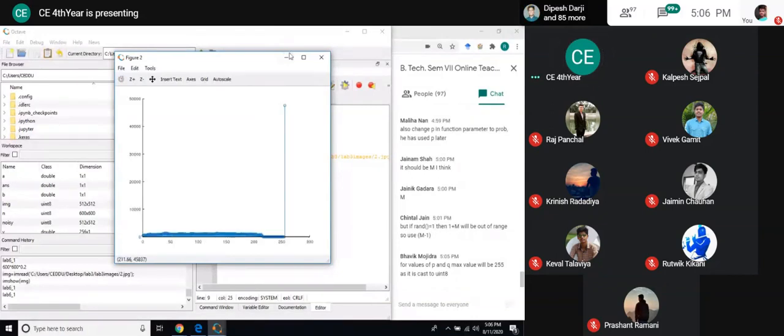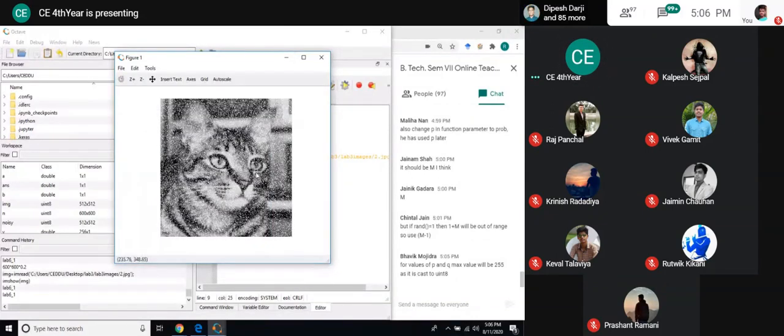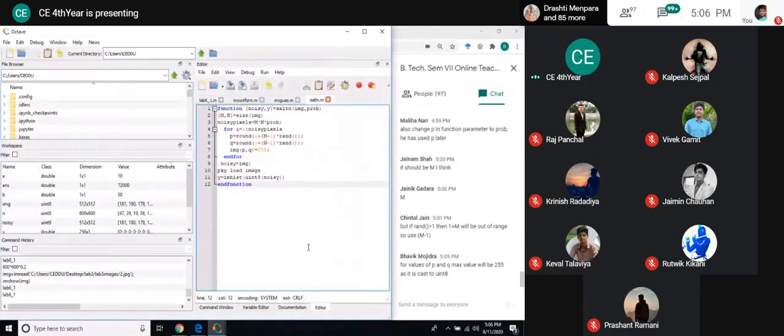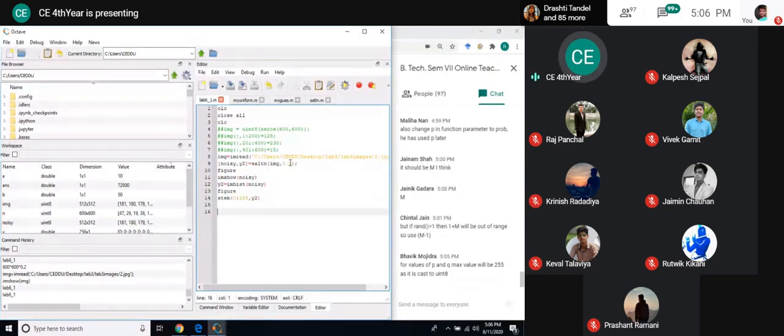It worked. So that was the issue. So this is how random noise with a certain probability works. I am reducing the probability now, and it is going to work.